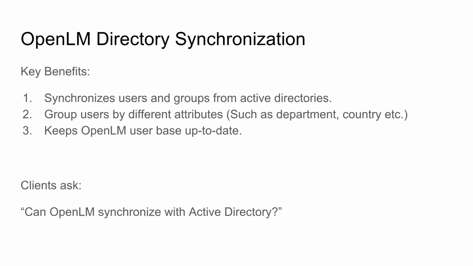And usually it's stored in groups, one group for Mexico, another group for USA, and so on. So in order to synchronize it, you just need the OpenLM directory synchronization extension, and it simply automatically synchronizes the information, the users. So you won't have to worry about this. You only change the users in your Active Directory, and that's it. And you can keep your user base up to date.